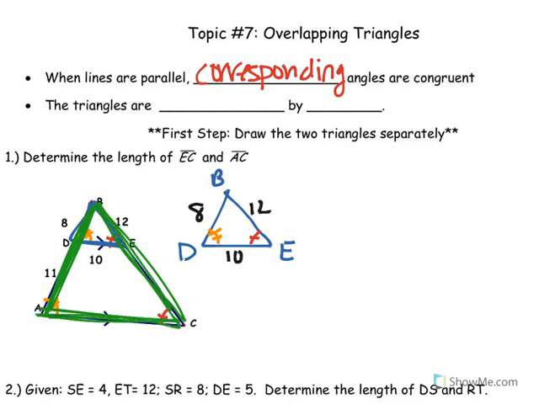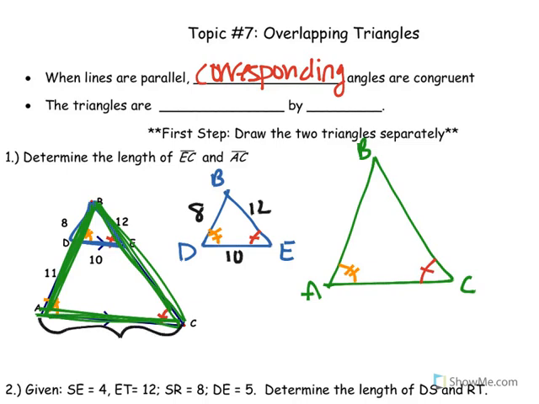If I draw the larger triangle, the vertices are A, B, and C, and let's carry over the measurements that I'm given. I knew that angle A had been congruent there, and angle C had one tick mark as well. And the side lengths, be very careful here. This side length AC is unknown, so I'm going to put that as X. For AB, I actually have to do 11 plus 8 to get the full length of 19.